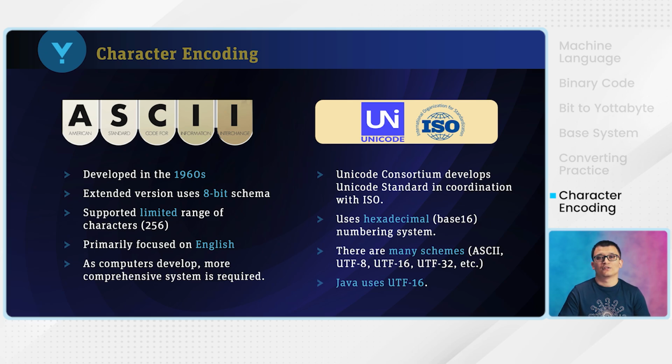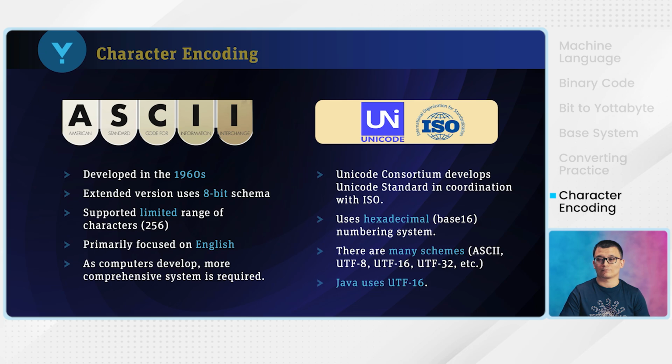Besides ASCII and Unicode, we also have many character encoding schemes such as UTF-8, UTF-16, UTF-32, etc. All are used to define how to convert a numeric value to binary code.